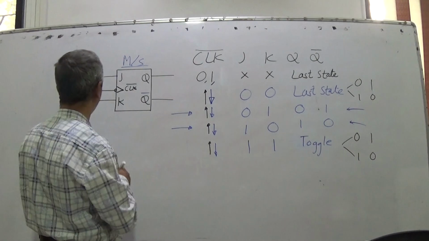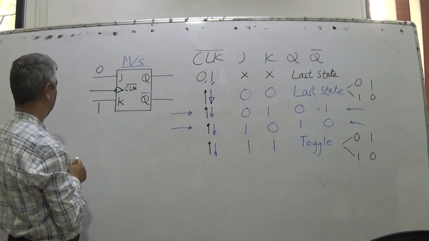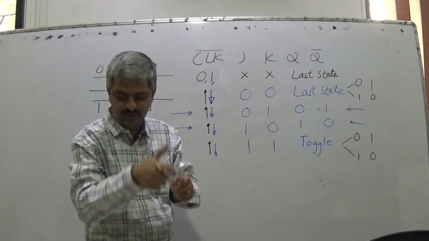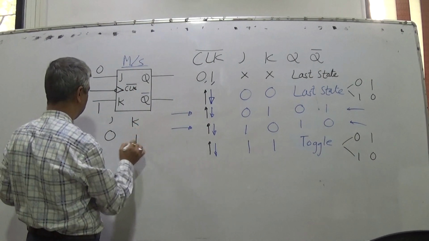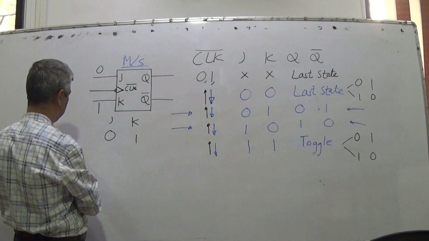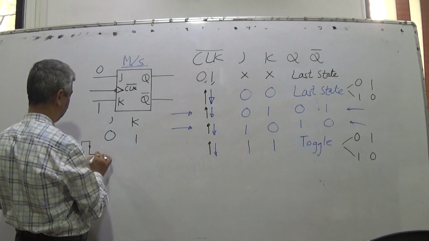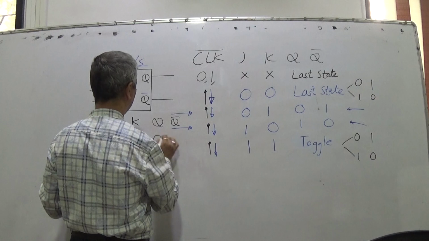Suppose I have switches, I can control any input. I keep J 0 and K 1, and then give a clock. What will happen? Q will become 0, Q bar will become 1.